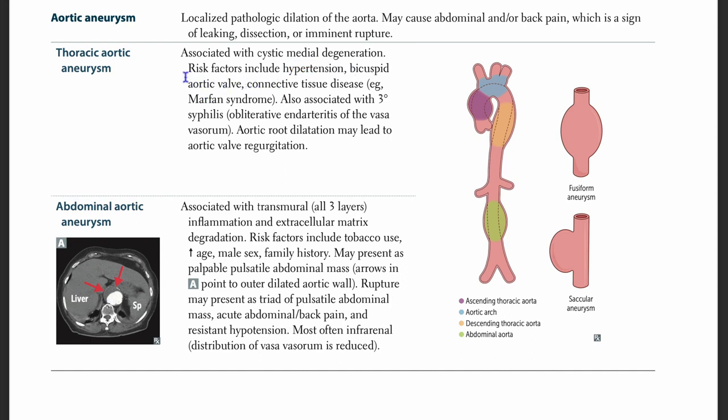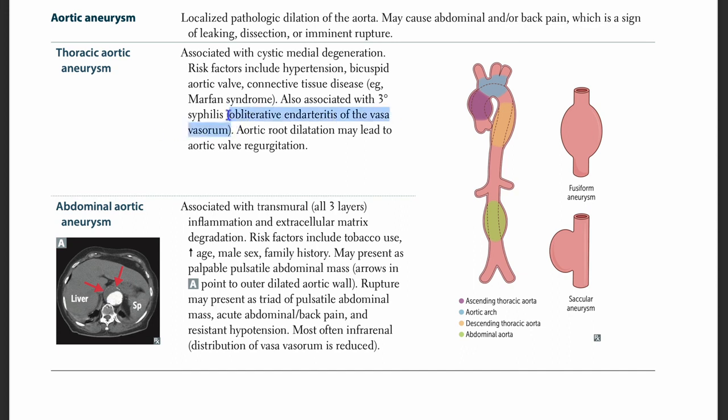So when you have that, there's going to be more pressure. Also connective tissue disease, for example, Marfan syndrome. We did that, right? Also associated with tertiary syphilis, obliterative endarteritis of the vasa vasorum.